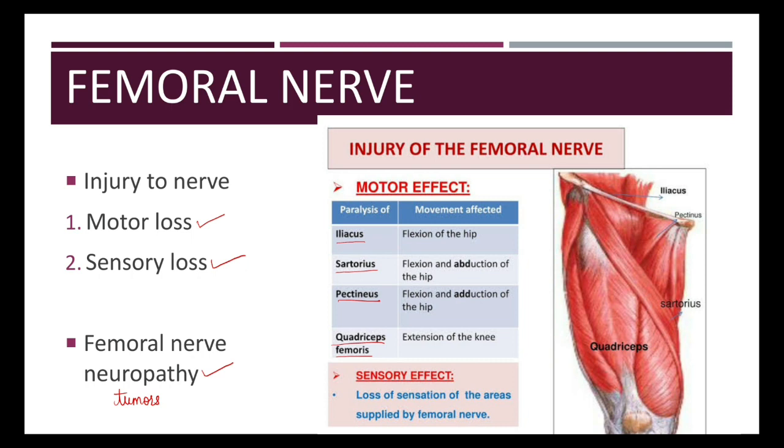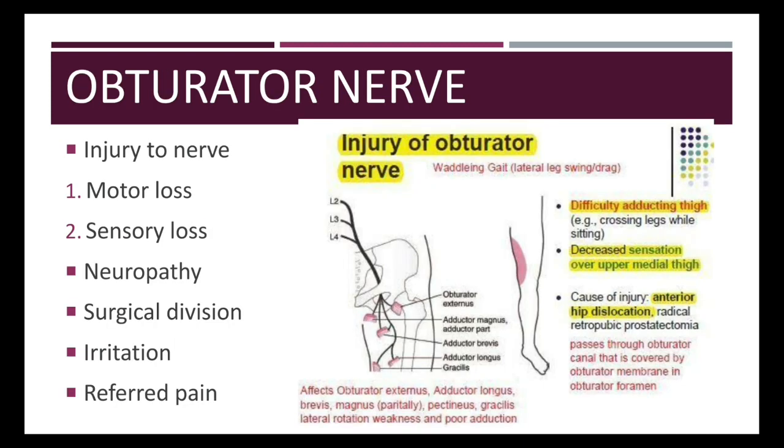Next is obturator nerve. Effects of injury to the obturator nerve. It may be injured in anterior dislocation of the hip joint or during radical retropubic prostatectomy. Clinical features. Motor loss. There is loss of adduction of the thigh due to paralysis of adductor muscles of the thigh.